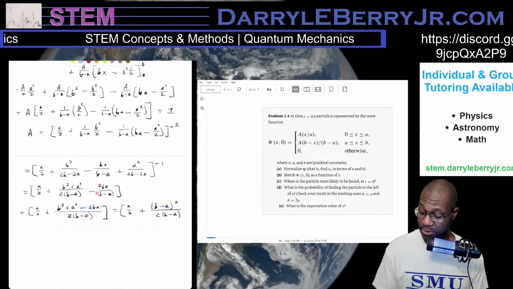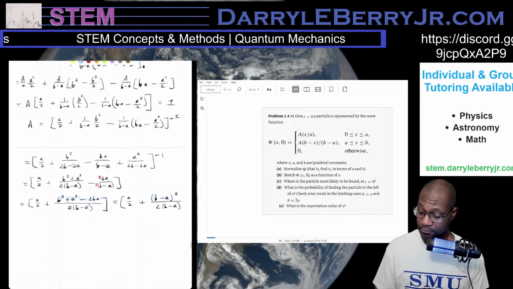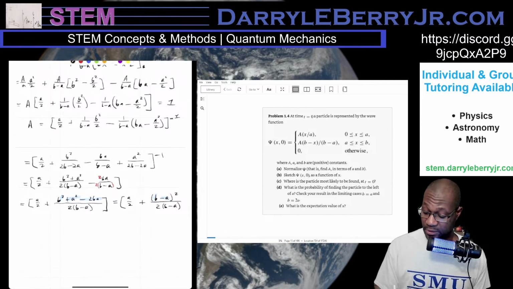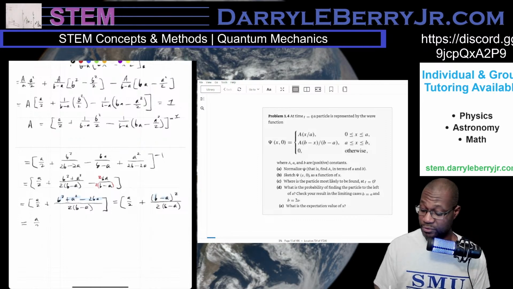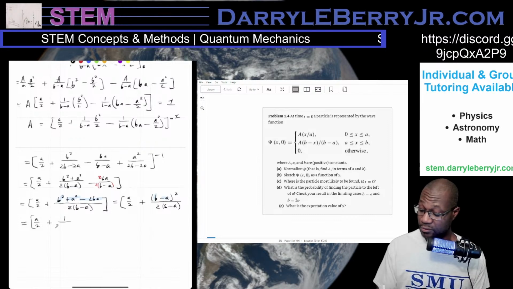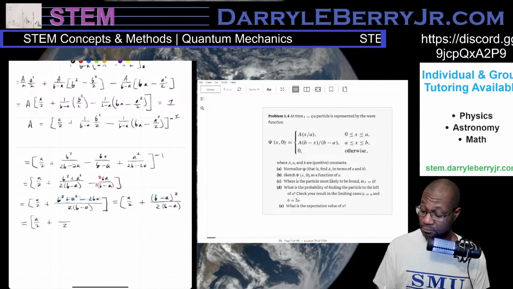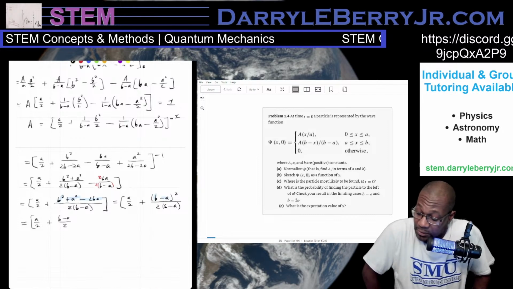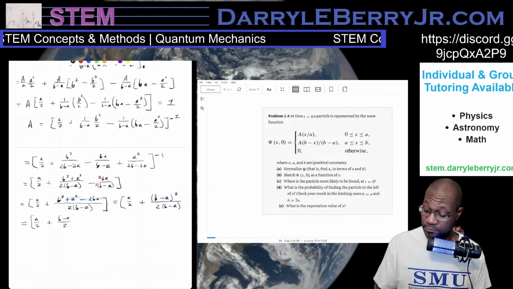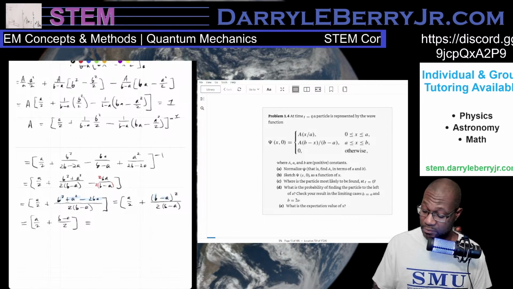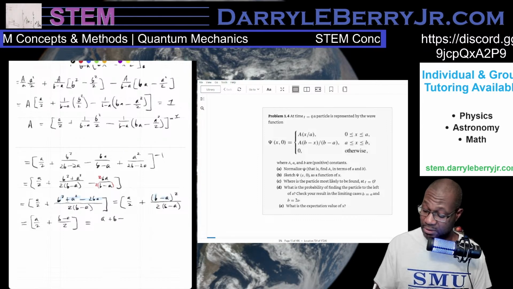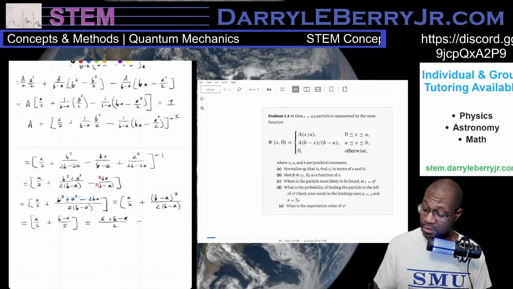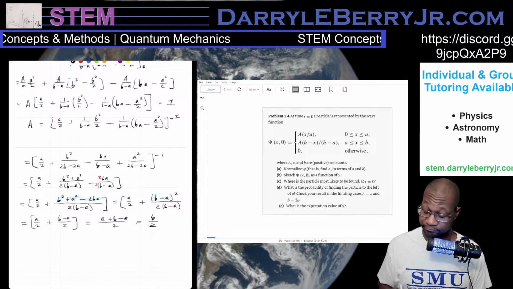And then the plus a squared gives me this, which means that a equals a over 2 plus 1 over 2 b minus a over 2 plus b minus a over 2. So that equals a plus b minus a over 2, which equals b over 2.